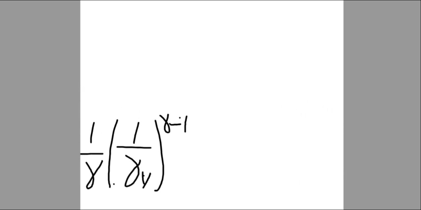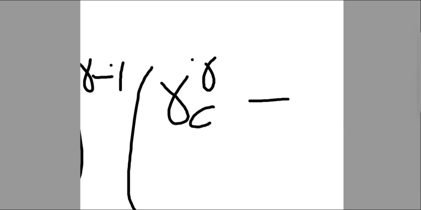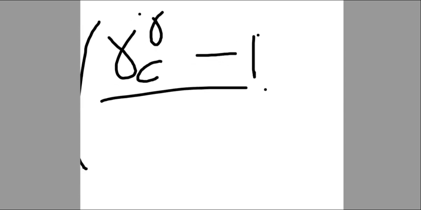So therefore we are going to have, multiplied by our cutoff ratio raised to power gamma, then we have minus 1, divided by our normal cutoff ratio, then we have minus 1.